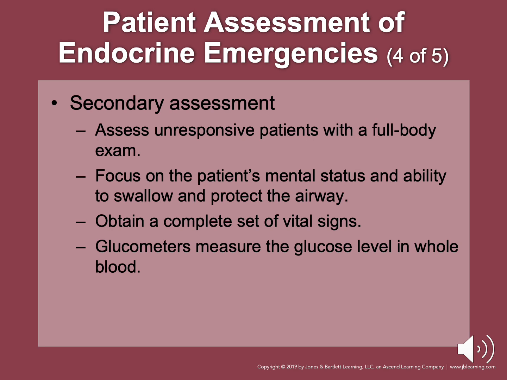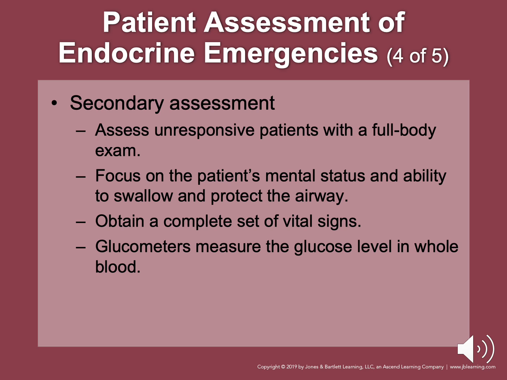The secondary assessment will focus on the patient's mental status and ability to swallow and protect the airway. Get your GCS scores and vital signs, get a complete set. If there are abnormal vital signs, the blood glucose level may be too high or too low. So the patient may have abnormal vital signs and a normal blood glucose level.